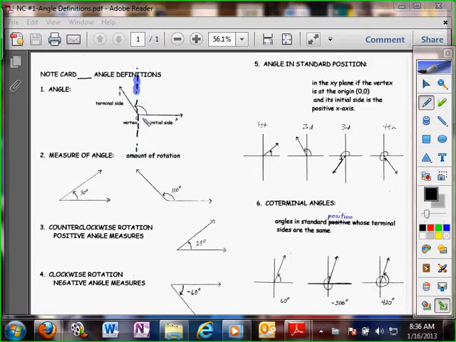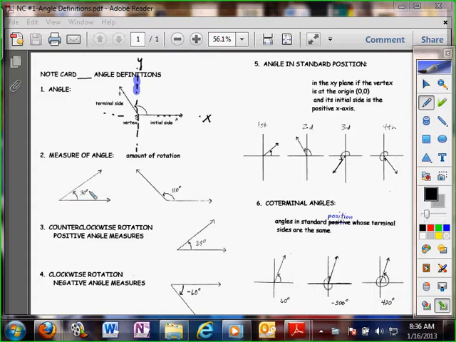So this is the y-axis, this is the x-axis, and the initial side is the side that basically starts at the x-axis. Okay? Then you have obviously the vertex, and the terminal side is the other end of the angle. It's where it terminates. You have the measure of an angle, which is basically the amount of rotation.